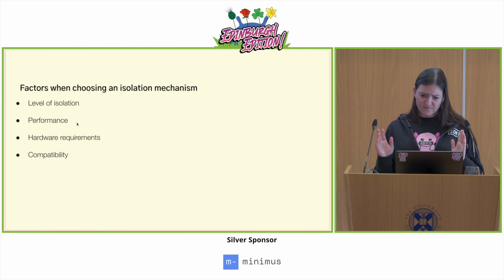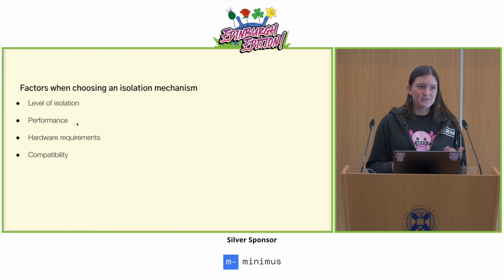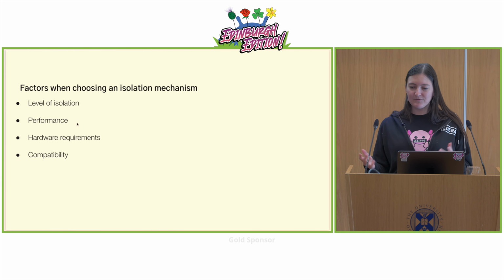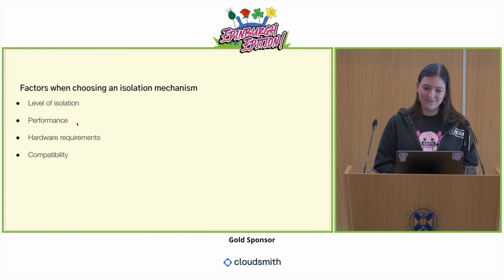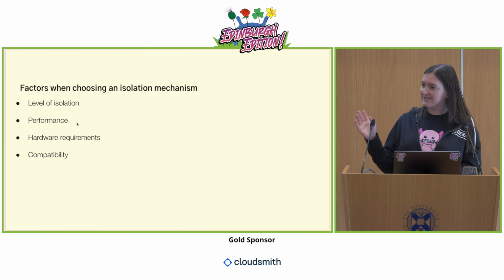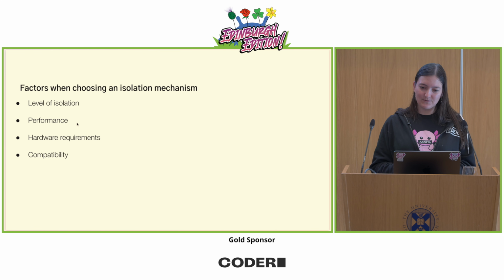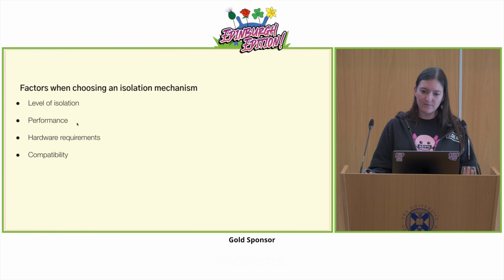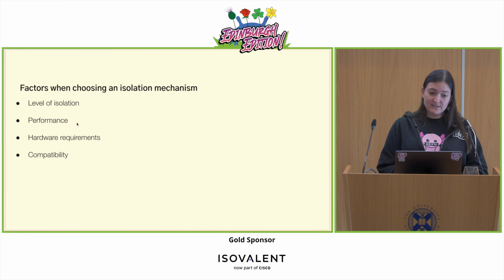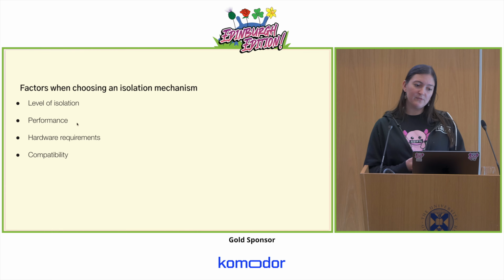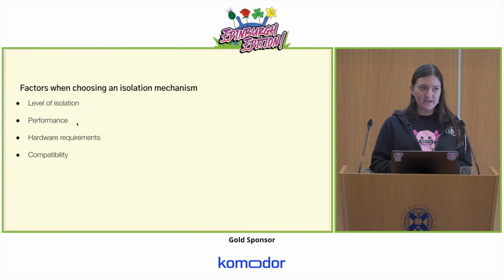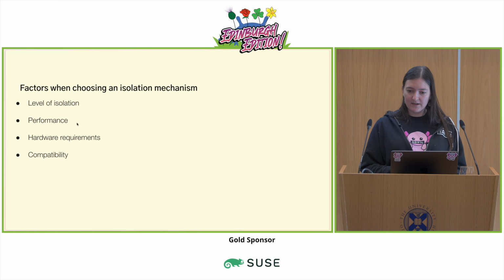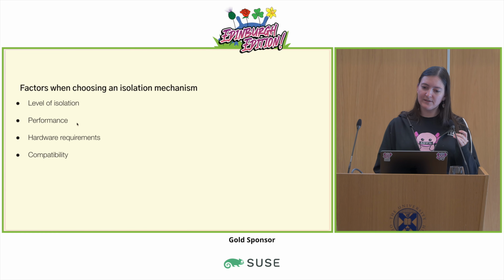And of course, when deploying an application, isolation probably isn't the only thing, or maybe not even the first thing that you think about. I think it's important to look at these other factors too, especially as we go through these technologies, so we can think of why you might use one over the other. So the level of isolation, that's the one we talked about, but also things like performance, and hardware requirements, since some of the lower-in-the-stack isolation technologies introduce hardware requirements, and compatibility with your existing workloads and tooling.